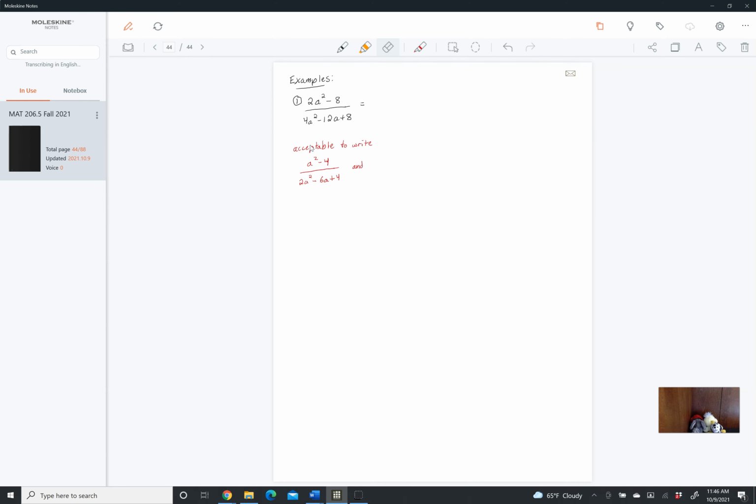And then factor again. Okay, I'm going to write it by actually showing you the 2 factored out. So 2 times a squared minus 4 over 2 times 2a squared minus 6a.